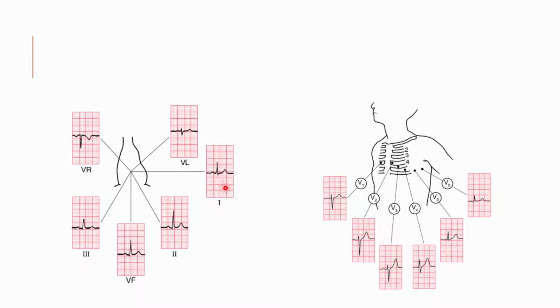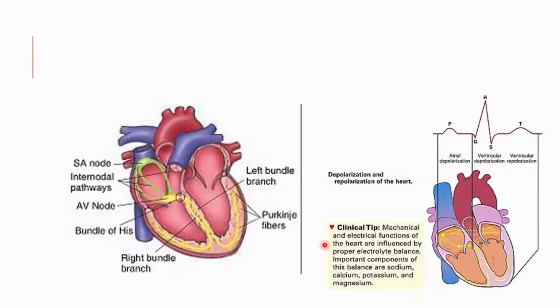You have lead 1 over there, lead 2, lead 3, lead AVF, lead AVR, and lead AVL. These are limb leads. Then you have lead V1, V2, V3, V4, V5, and V6. So we shall discuss why each of these patterns appears like so on different leads very shortly.